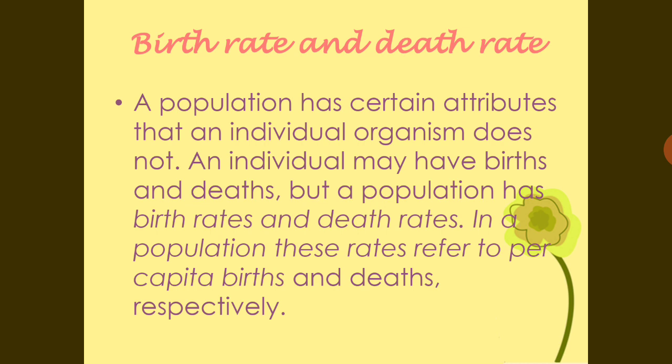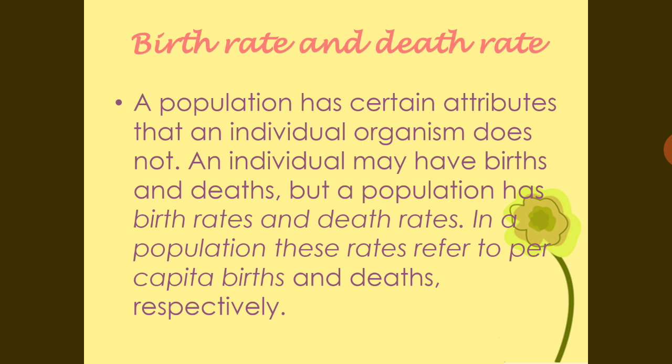This can be illustrated by an example: if in a pond there were 20 lotus plants last year, and through reproduction 8 new plants are added, taking the current population to 28, we calculate the birth rate as 8 by 20 is equal to 0.4 offspring per lotus per year.